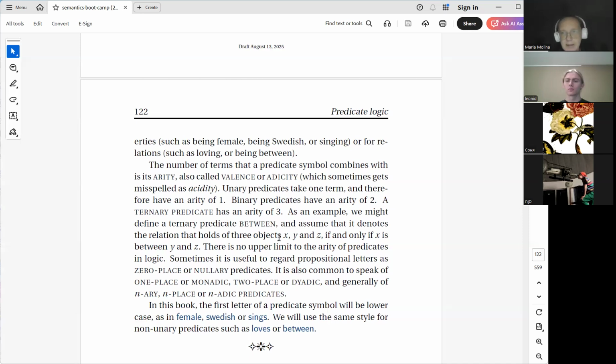And we have valence, same as with the verbs. We discussed that. Valence is the ability of a predicate to combine a certain number of terms, a certain number of individual constants or variables.